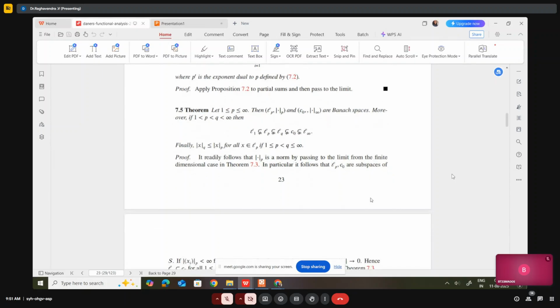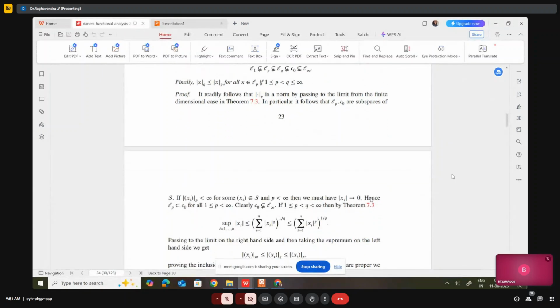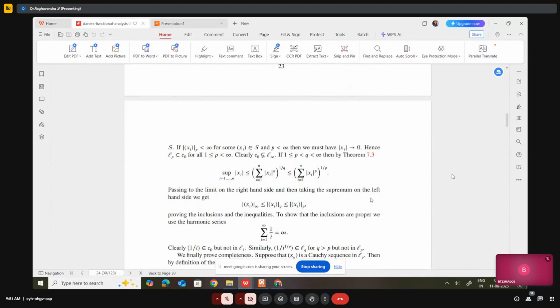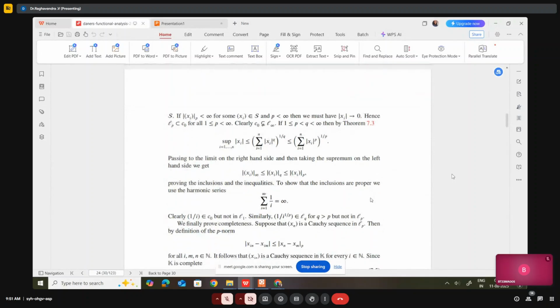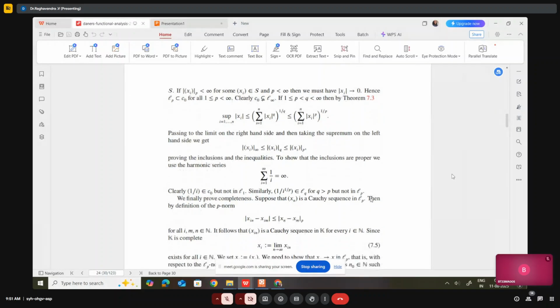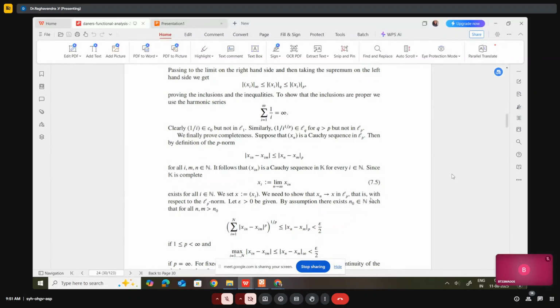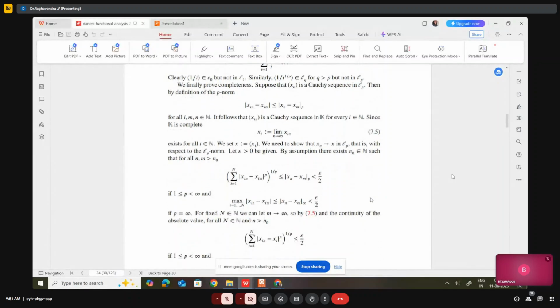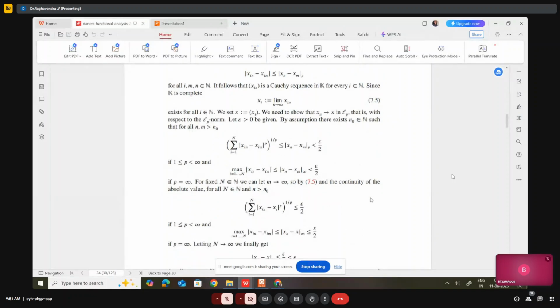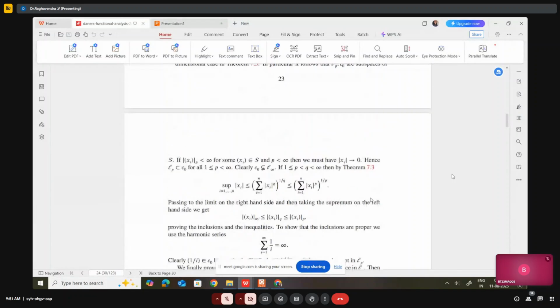Not a very difficult stuff here. Somewhere on the way, I don't know why Minkowski's inequality has not come. I just say it.